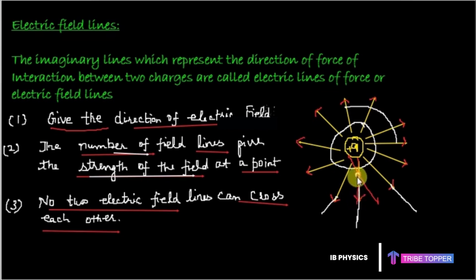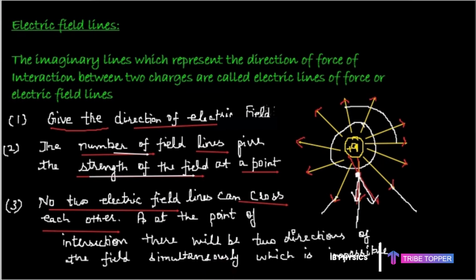It is because at the point of intersection you would have two directions of the electric field at the same time, which is impossible. So you can note down the answer as: no two electric field lines can cross each other, as at the point of intersection there would be two directions of the field simultaneously, which is impossible.